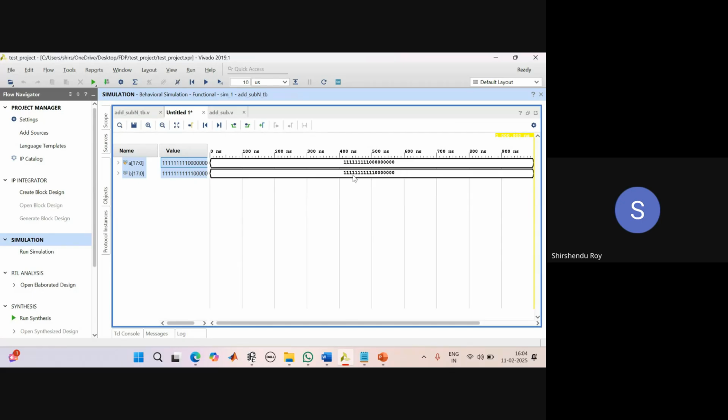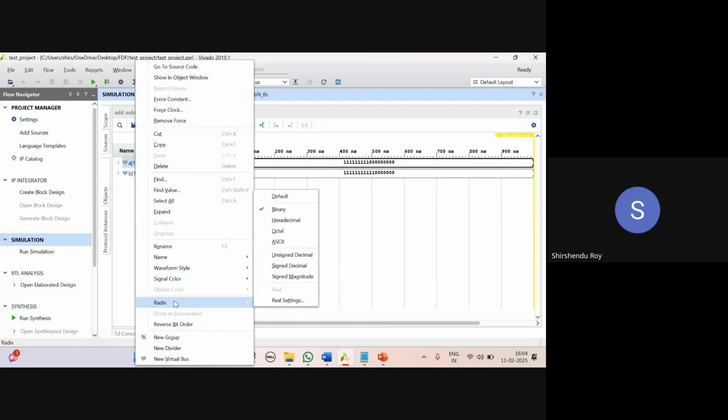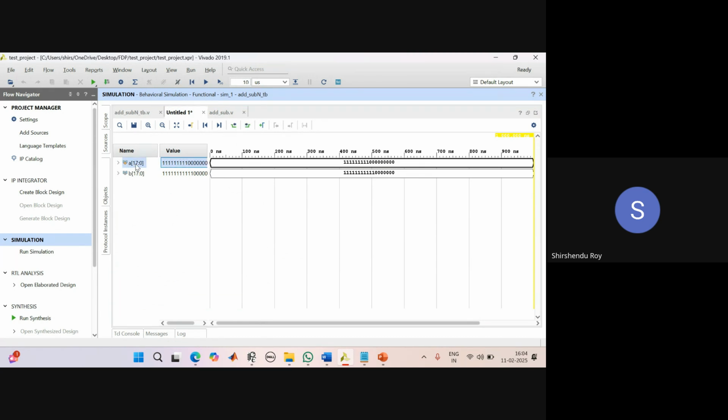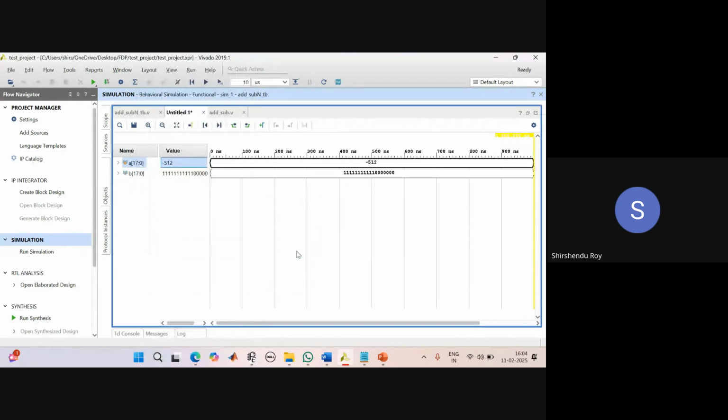Okay. So you see the first value here, all MSB is 1. So this is a negative number. This is a negative number, so minus 512. So after shifting, we also get the negative number only.